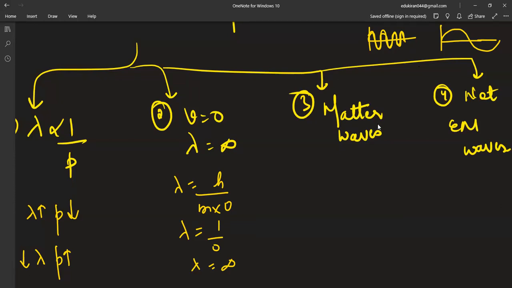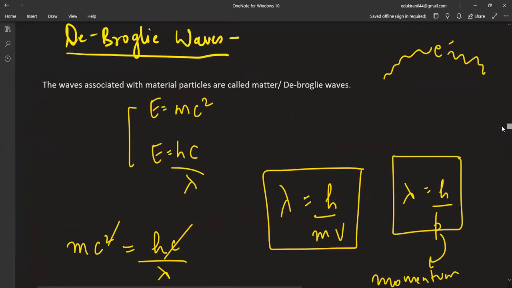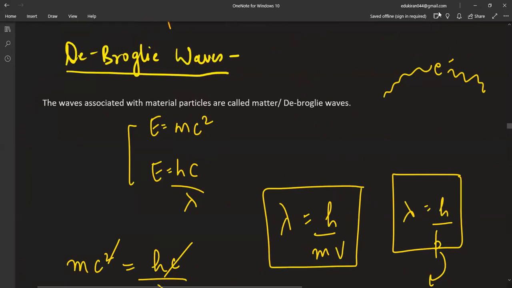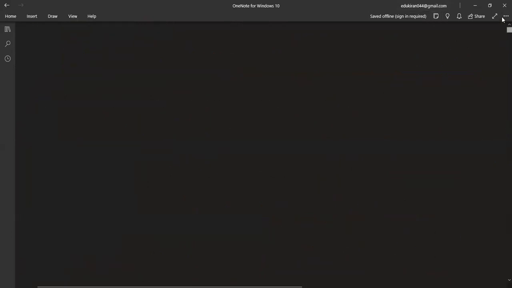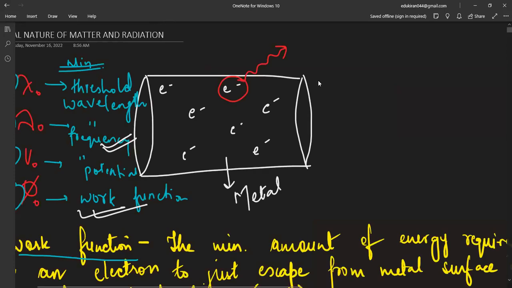These are matter waves in the sense that this is valid for particles also. This was observed by de Broglie. Before this, everything that we were studying, the entire topic, we were considering electrons to be particles.